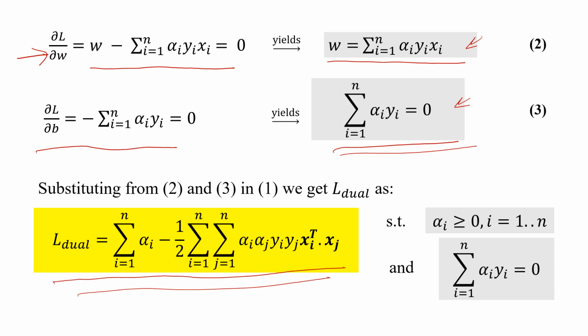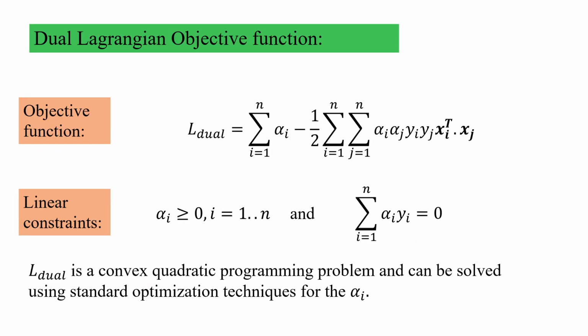Now, under the constraints, of course, alpha i are all greater than or equal to 0, and as mentioned, summation alpha i y i equal to 0. So this is what we have obtained: the L dual in terms of alpha i, alpha j, since it is for pairs of samples, alpha i, alpha j, y i, y j, and x i dot x j.